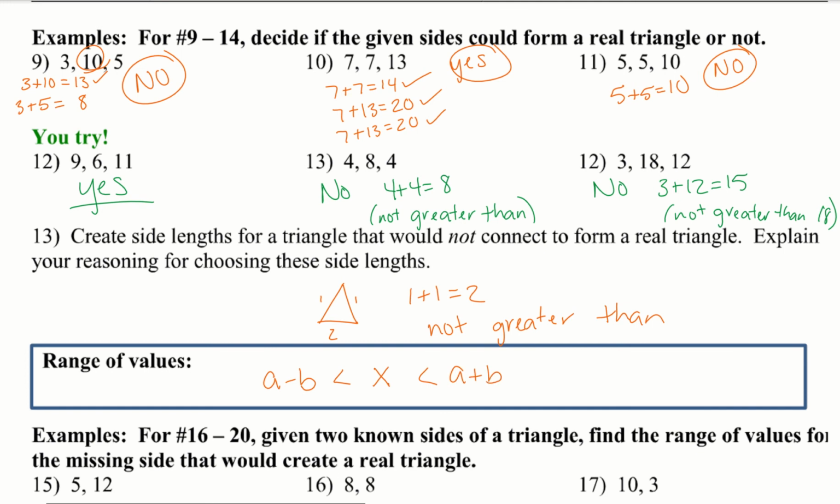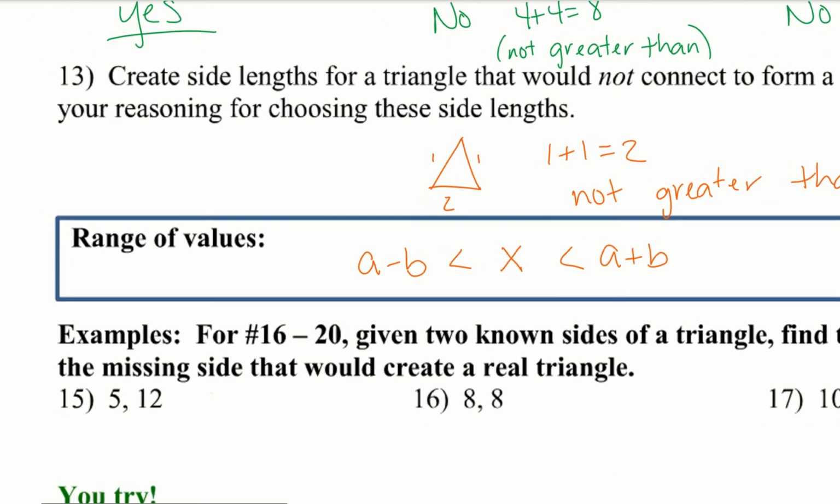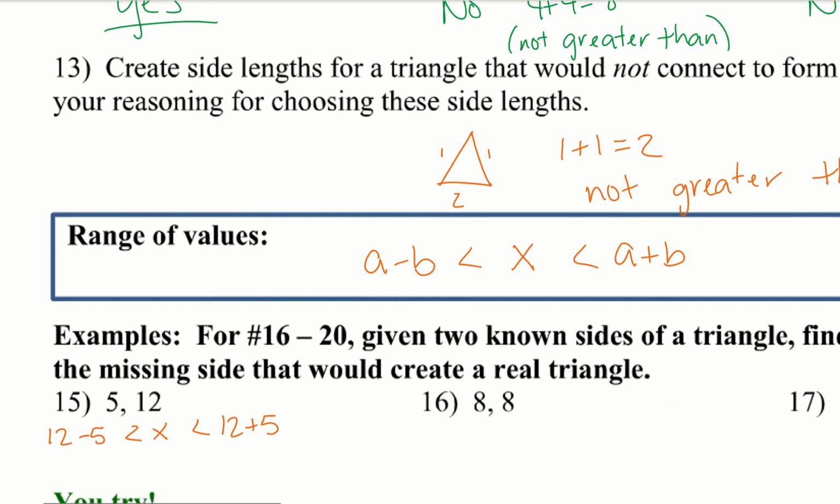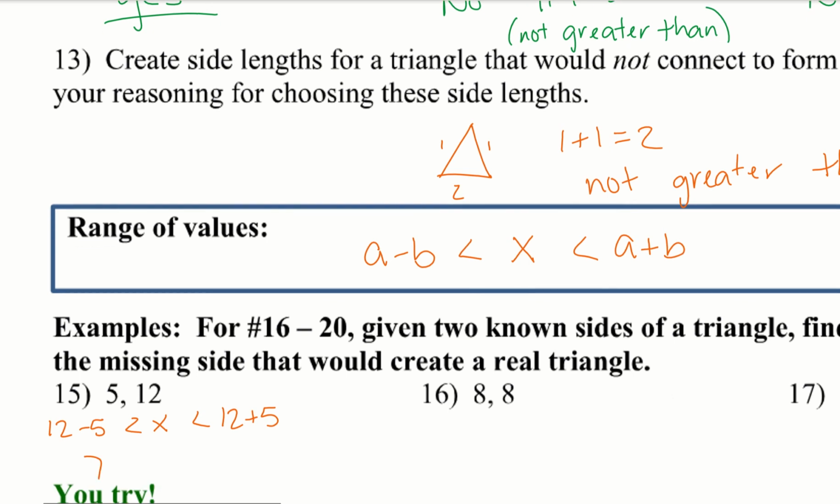If we take the two values, we subtract them on the left, and then add them on the right. So if we start with 15, I have 5 and 12, so I'm going to do 12 minus 5 is less than x, which is less than 12 plus 5. So we end up with 7 is less than x, which is less than 17.